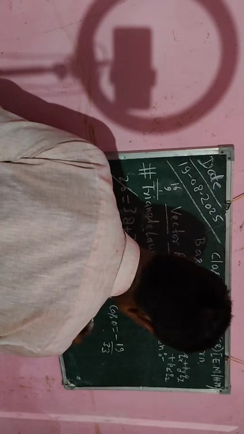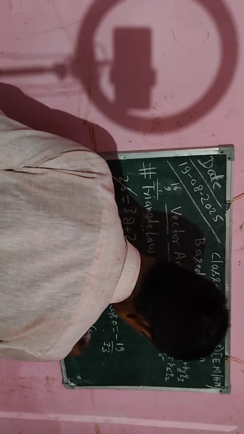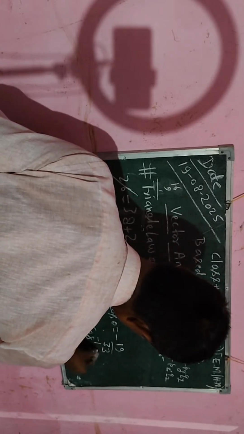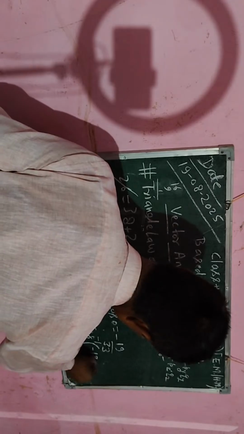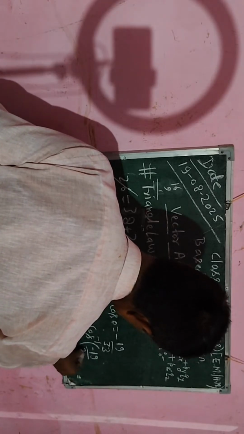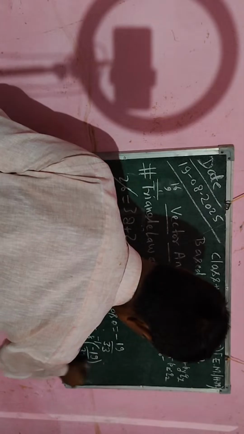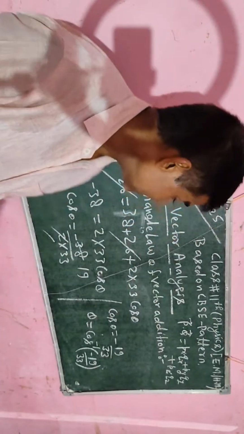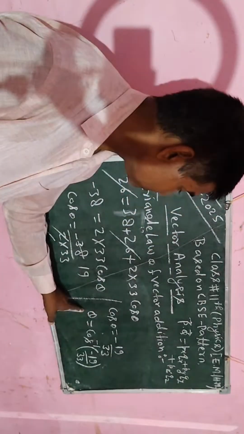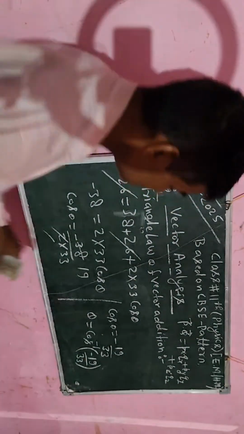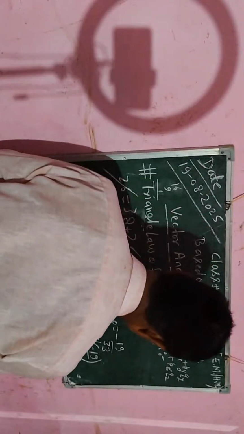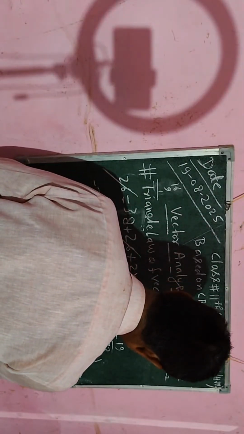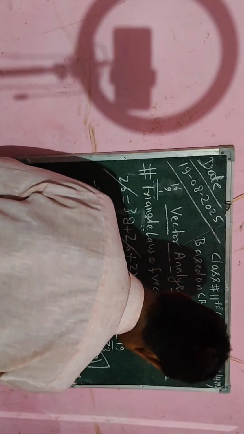So theta will be equal to, I will put here cos inverse in the bracket, I will write here minus 19 divided by 33. So this is the angle between two vectors. Already I have written here vector P and vector Q. So this is the required answer of the question.